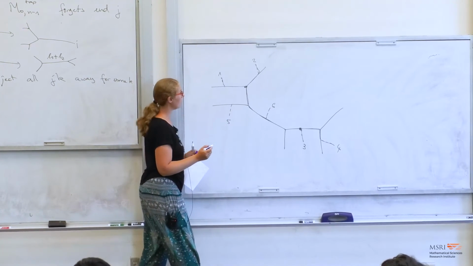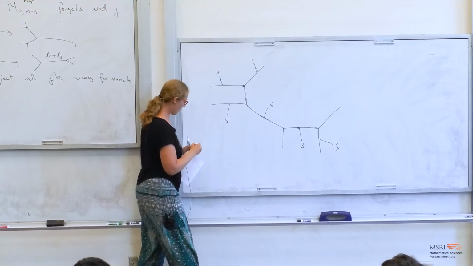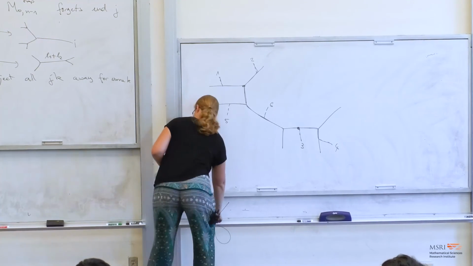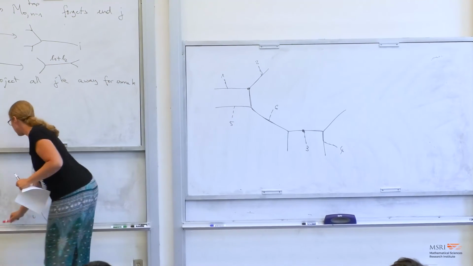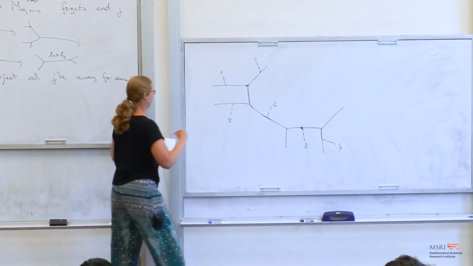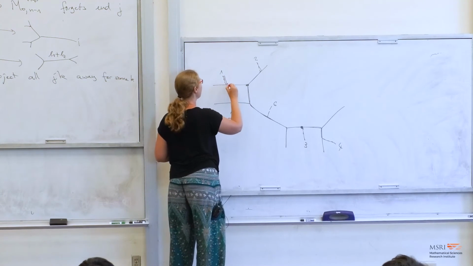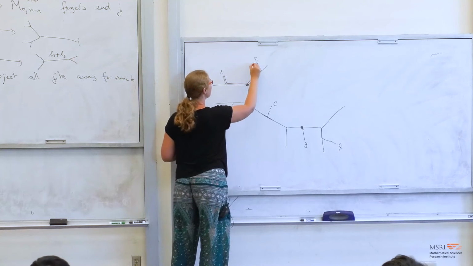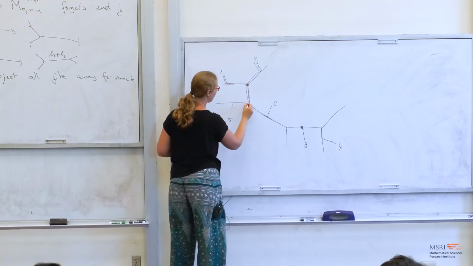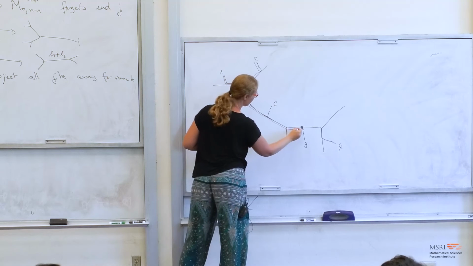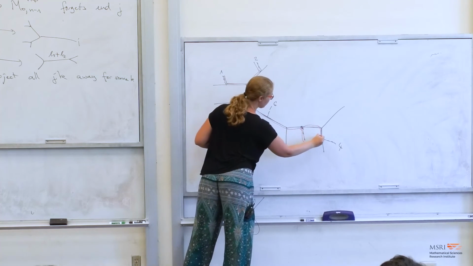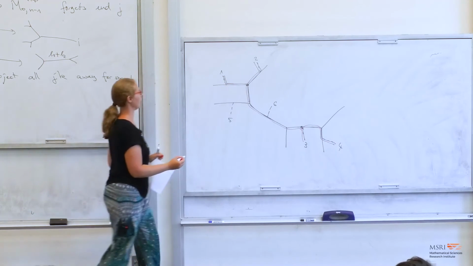Use a different color to mark over, I cannot distinguish the two. Is it going to be any better if I draw it next to it? Yes, thank you very much. Like this. Okay, great.